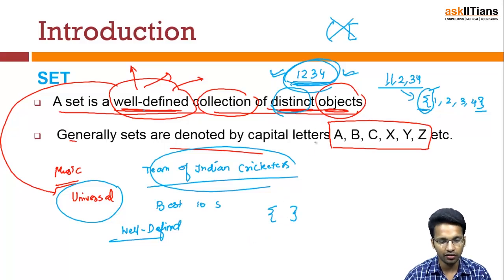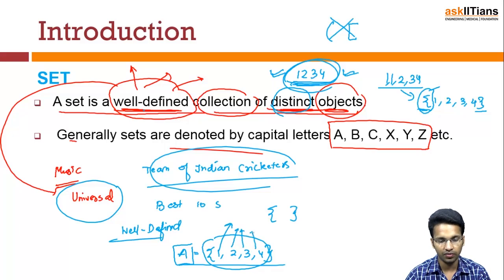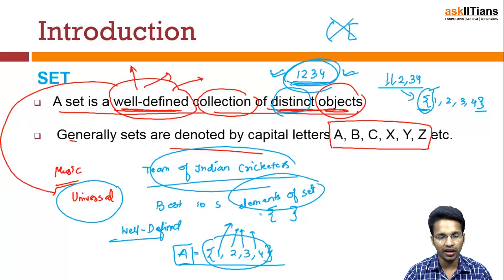And again we will write A is equal to {1, 2, 3, 4}. Now this represents a set where this is the naming of set and these are the contents of set. Now each object of set is an element of set. All these are called elements of set. And again, the elements are mostly represented by, again it's a convention, small alphabets, okay.